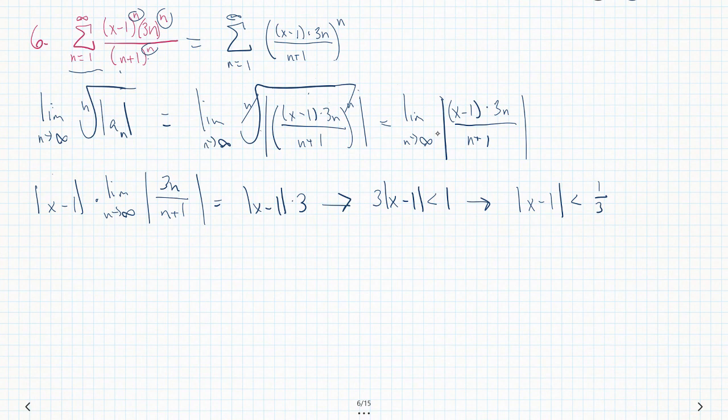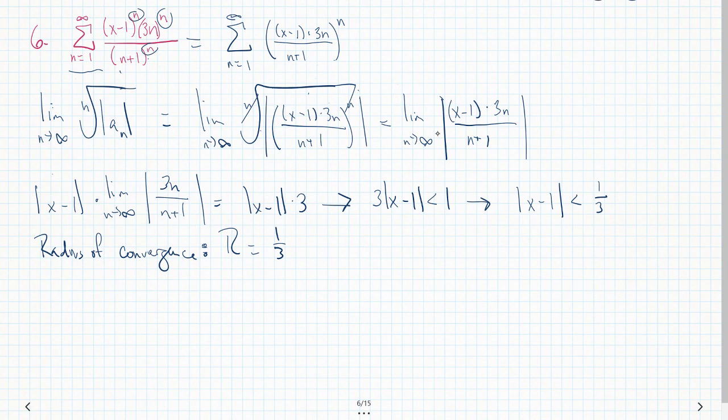Okay, so whoop-de-doo, right? But we have the radius of convergence given by r equals 1/3.